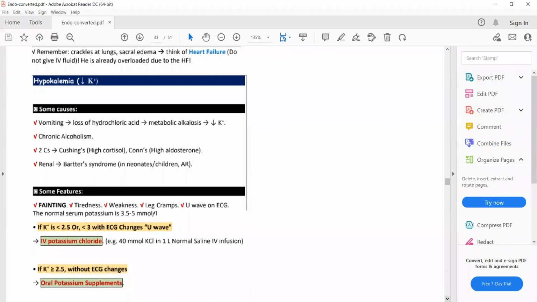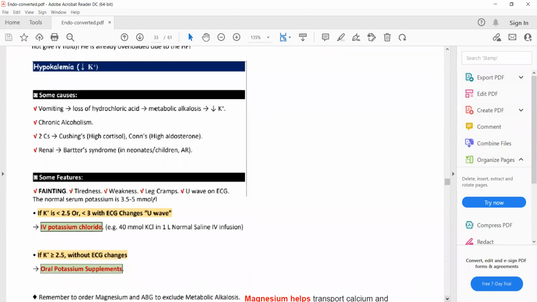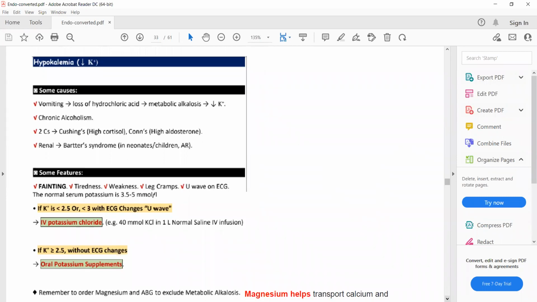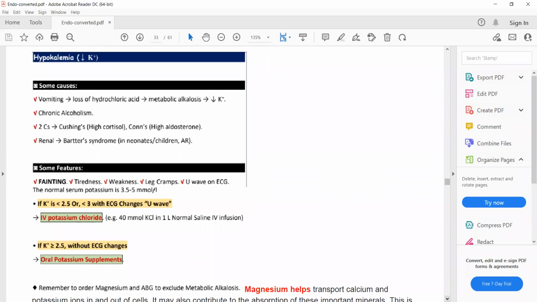Now, management of hypokalemia. Causes of hypokalemia include endocrine causes: Conn's disease, Conn's syndrome, Cushing, and DKA.